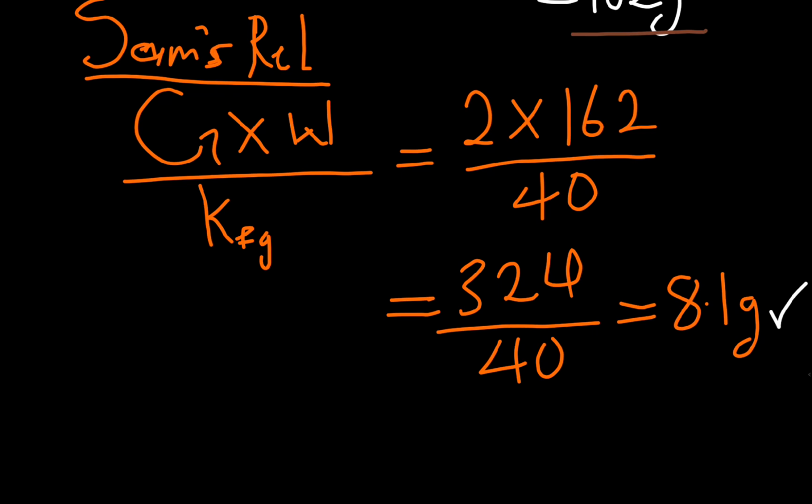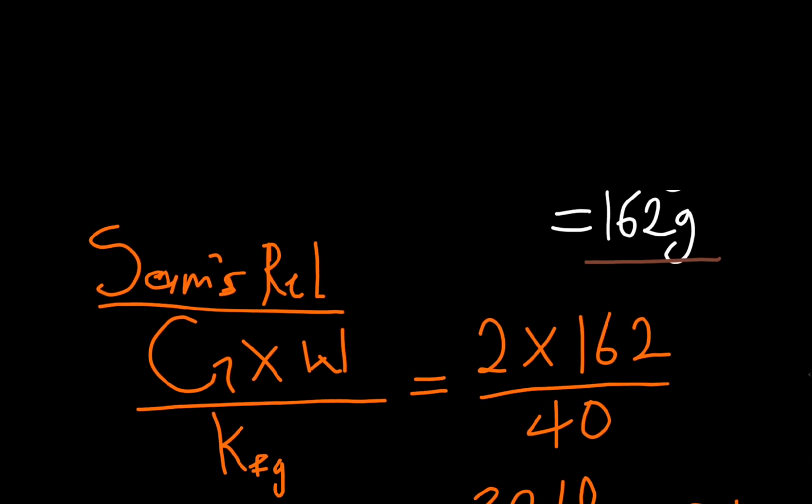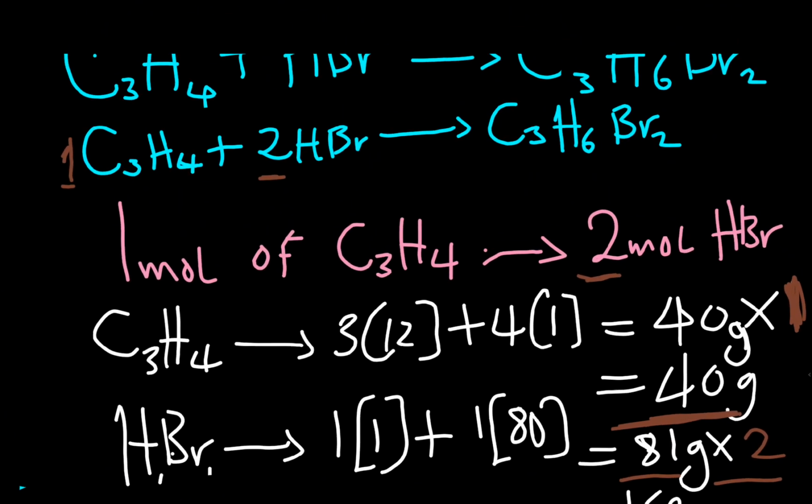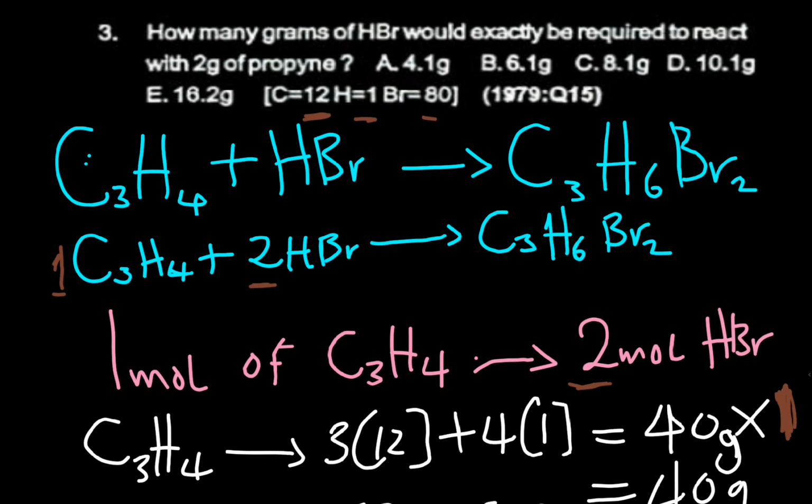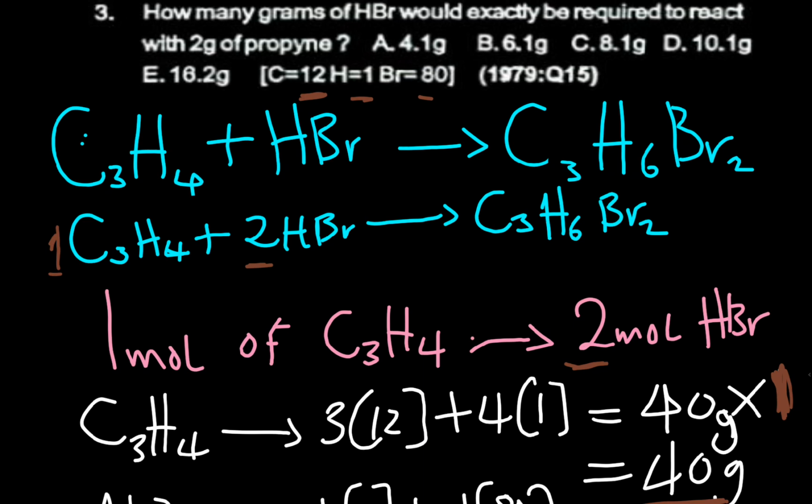And this is just how to solve this question. Let's go back and check our question if 8.1 is on our options. Yes, 8.1 is on our options, and the correct option for this question is option C.